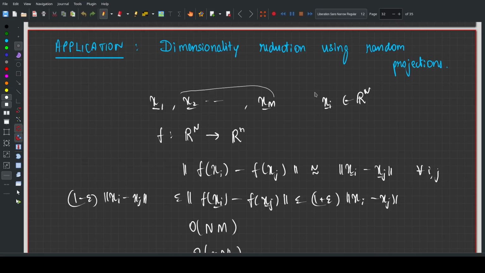In particular, the property we wanted to preserve was the pairwise distances between any two points. So the goal was to design a map from a high dimensional space to a much lower dimensional space, such that the pairwise distance between every two points in this set is approximately preserved even after bringing it down to the lower dimensional space.